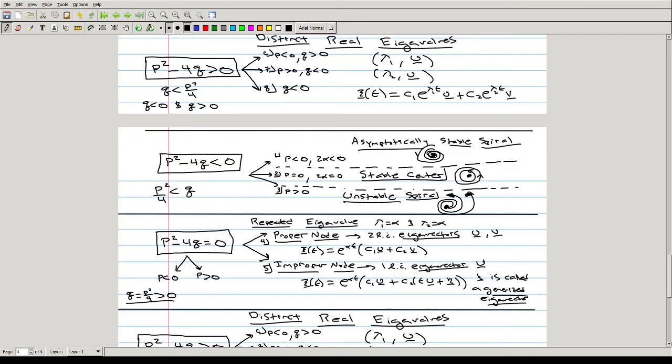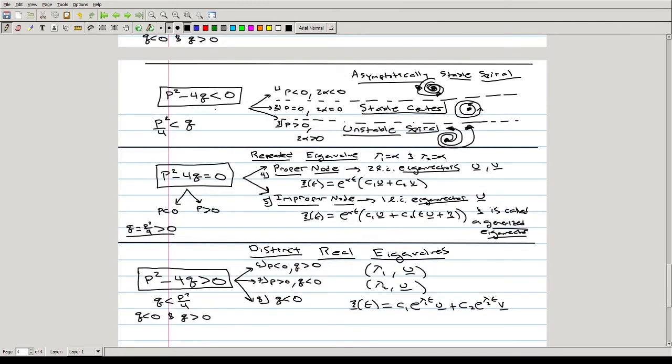So the direction of these orbits are going into the origin here and out of the origin for this spiral, because this is when 2 alpha is positive. And that exhausts all possible solution types for this region.